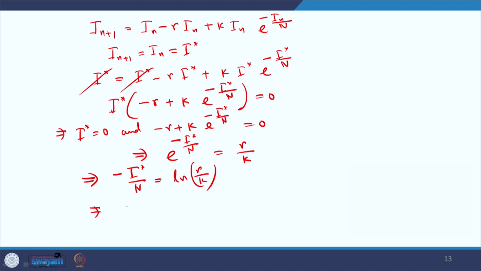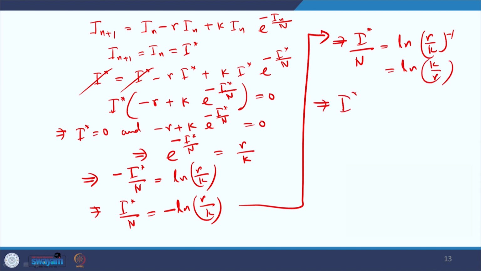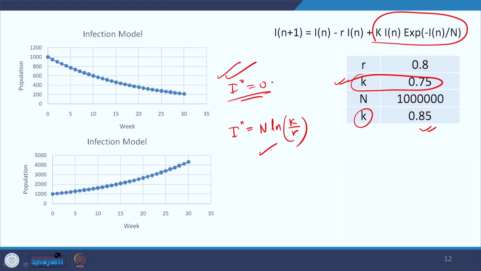We take this negative sign to this side. So, I star by n equal to minus ln r by k. This implies I star by n equal to ln (r by k) to the power minus 1, and this becomes ln k by r, and this implies I star equal to n ln k by r, which coincides with this value.